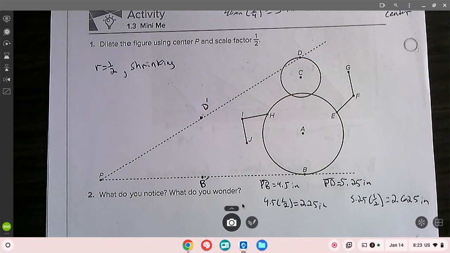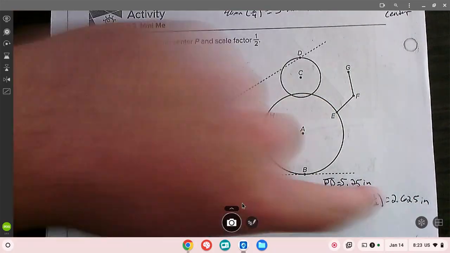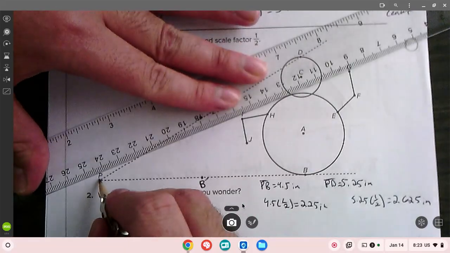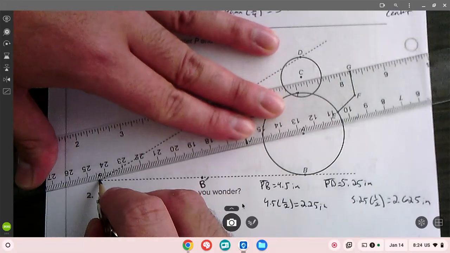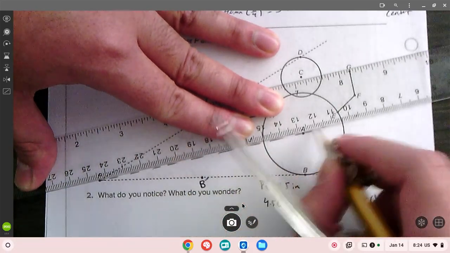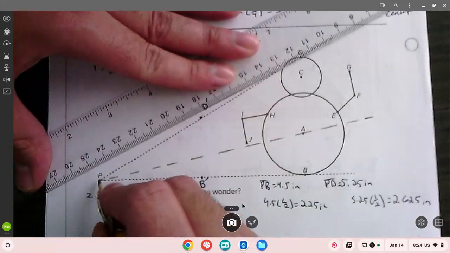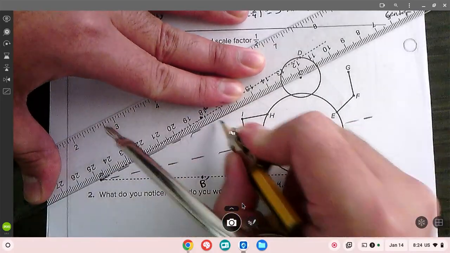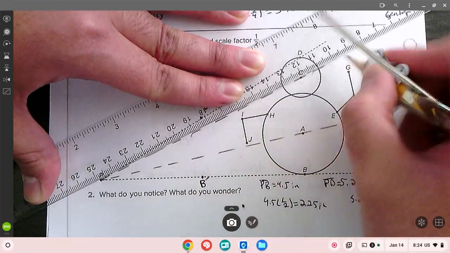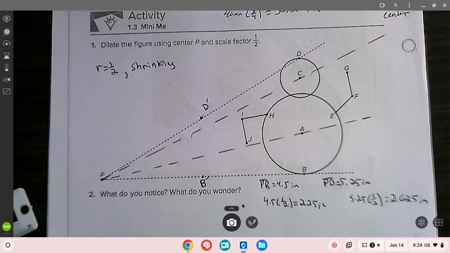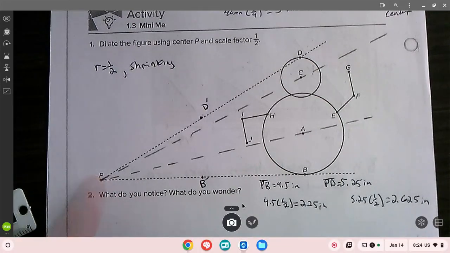Okay, I like where your heads are going, but what we need to do is we need reference lines just like we did for D and P. So going from point P, I am going to draw dotted lines going through the center of our circle A and the center of our circle C. This is now the line that I'm going to use with our scale factor to cut the distance from point P in half.